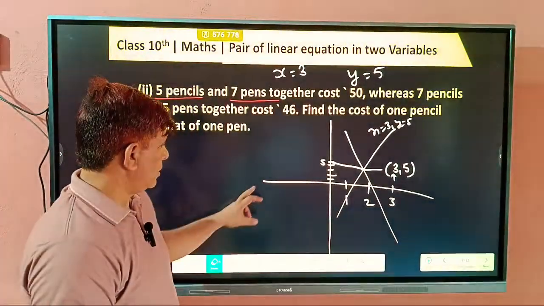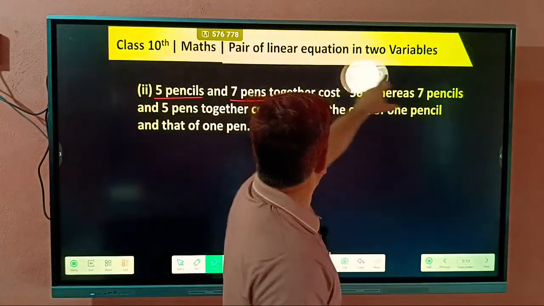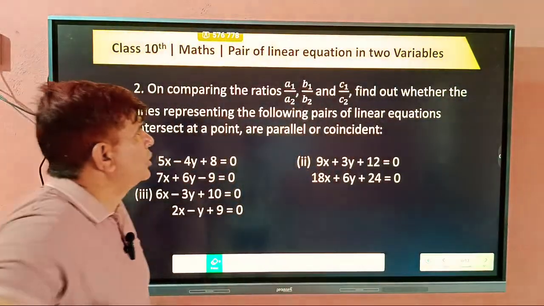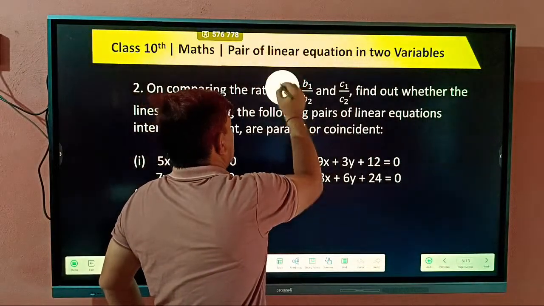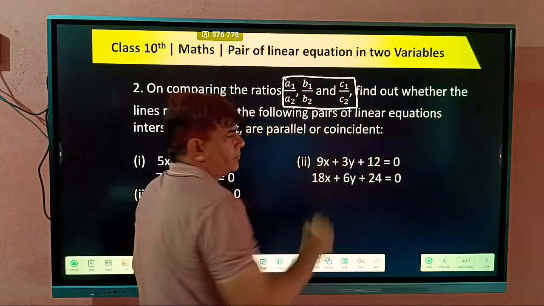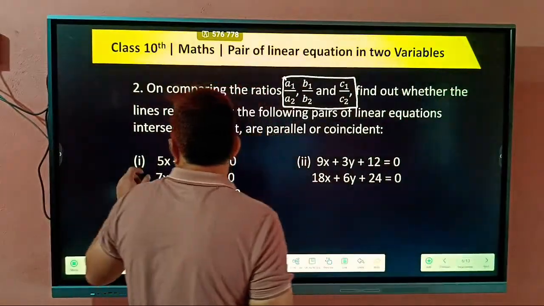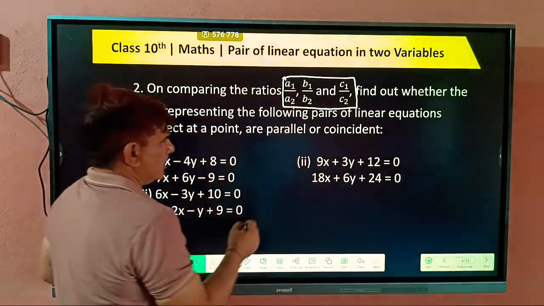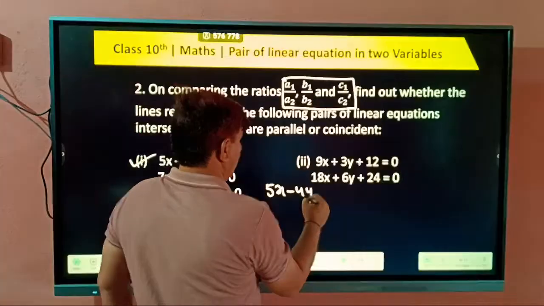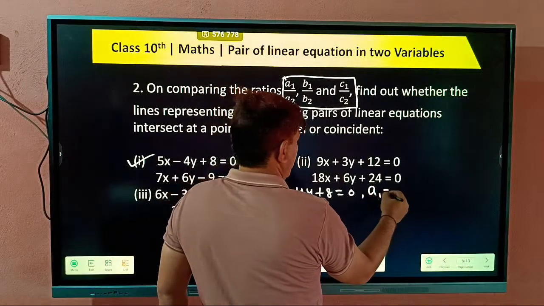I told you. Now coming to the next question, question number 2: on comparing the ratios. I told you what you have to compare. First part we are taking: 5x minus 4y plus 8 equal to 0. So what's your A1? 5.